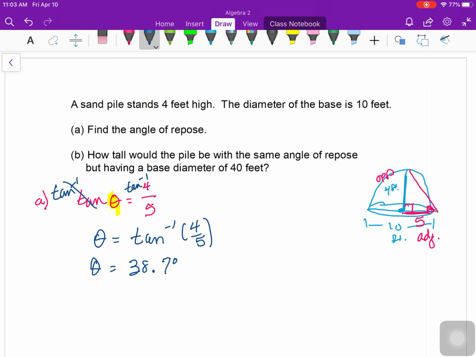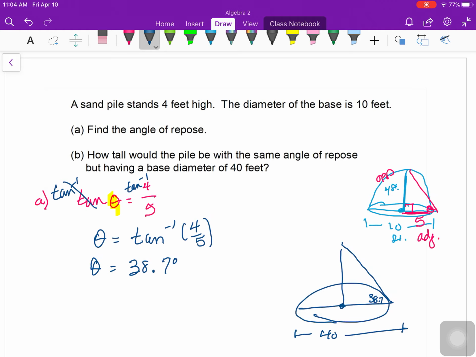Now part B says, how tall would the pile be if it had the same angle of repose but a base diameter of 40 feet? So we have a bigger diameter of 40 feet, but still this same angle of 38.7 degrees.